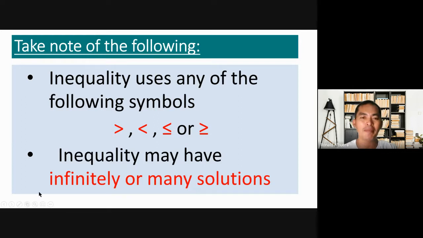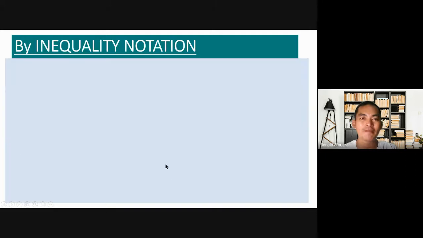Pag sinabing infinitely many, ay walang katapusan at napakaraming sagot. That is why we use inequality symbols to include the infinitely many solutions in expressing or writing your answer.